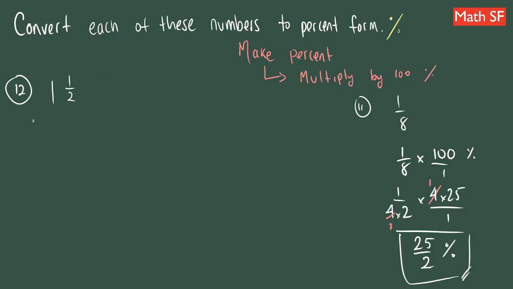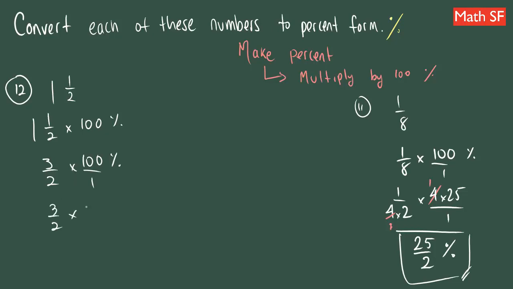You have to make that percent sign. So you gotta multiply this by 100%. But wait a minute, what's going on right now? You have to convert this mixed numeral into an improper fraction. 2 times 1 is 2 plus 1 is 3. So you have 3/2 times 100%. But recall this 100 is 100 over 1. So let's see if we can cancel something out.